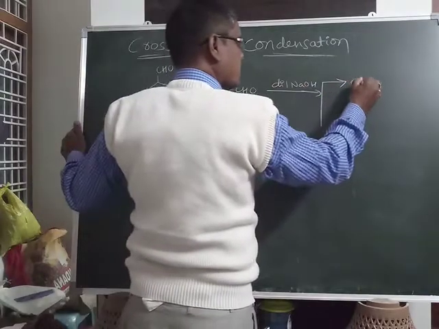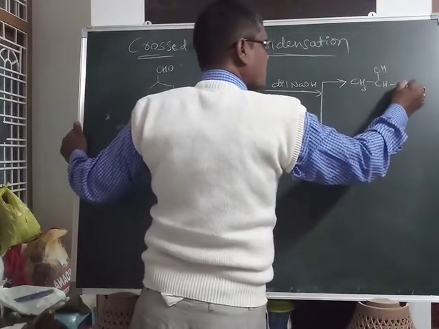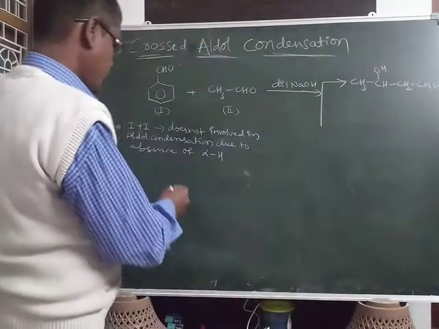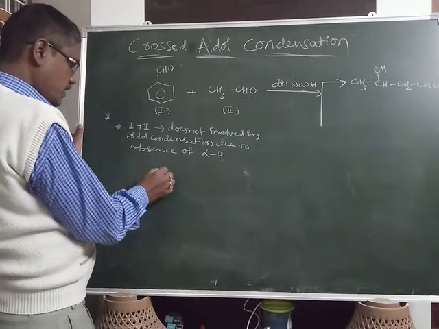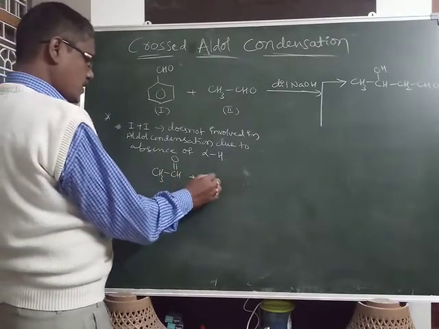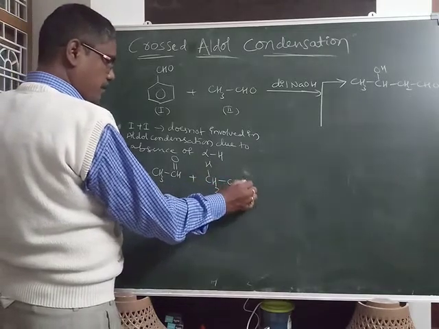Already we have seen CH3CHO and CH3CHO. This is the 2 plus 2. That's 2 plus 2 means CH3CH double bond O plus CH3CHO.